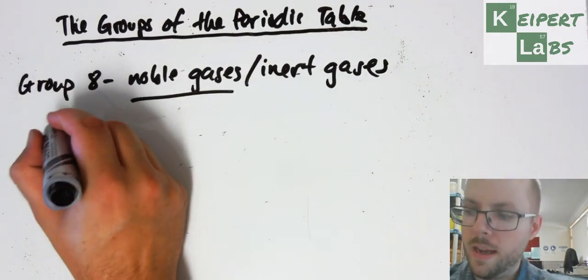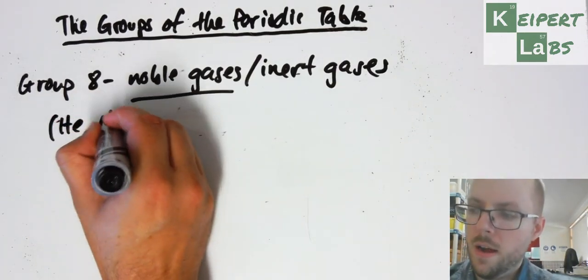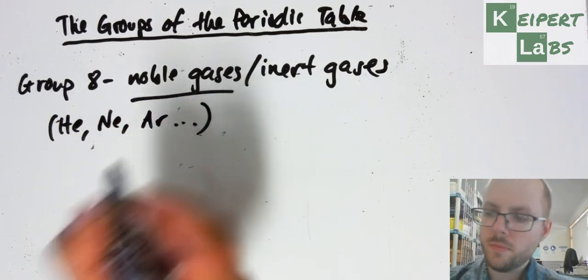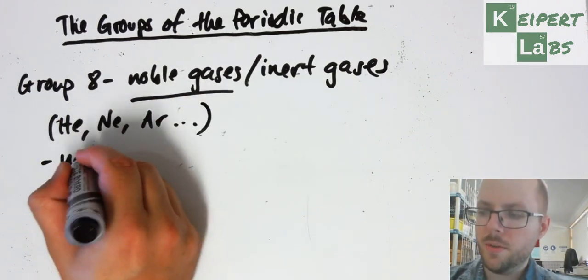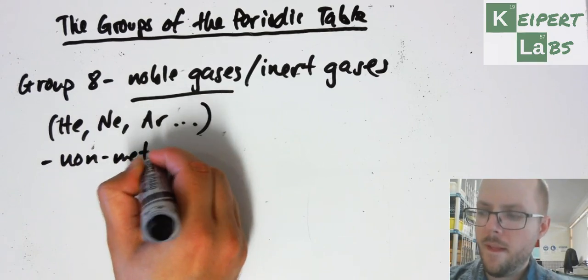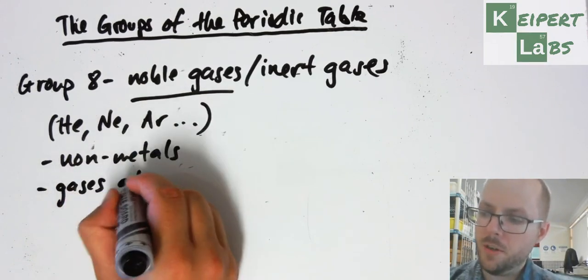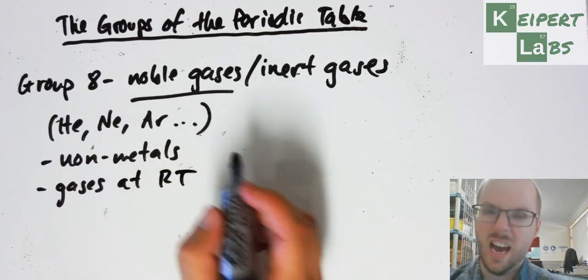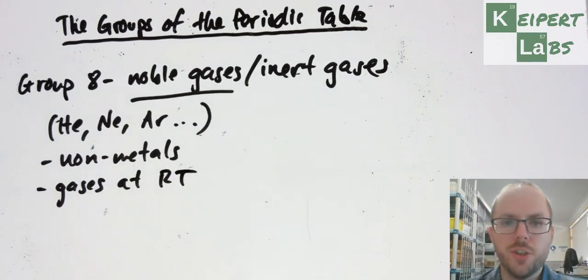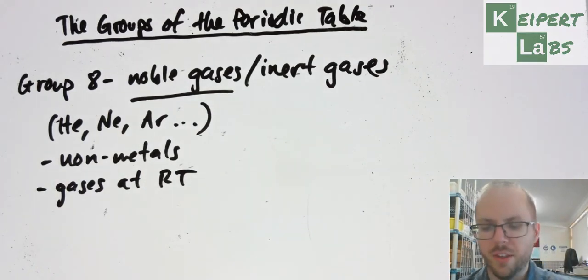So we're thinking about helium, neon, argon, etc. They are non-metals. They are gases at room temperature, and you have to cool them to incredibly low temperatures before they become liquid. I don't think they've ever been isolated as solids because you have to get them so cold.